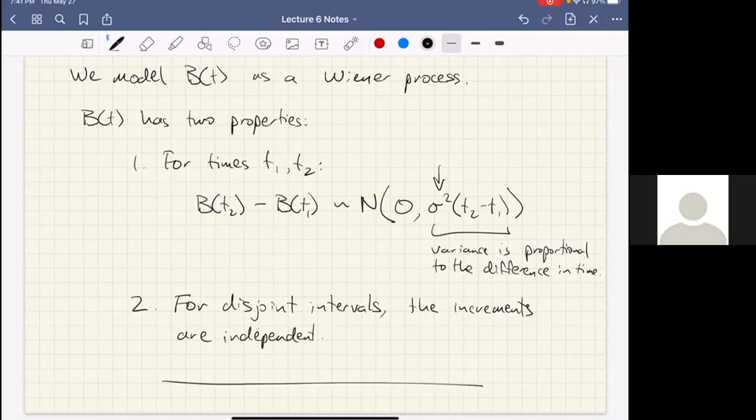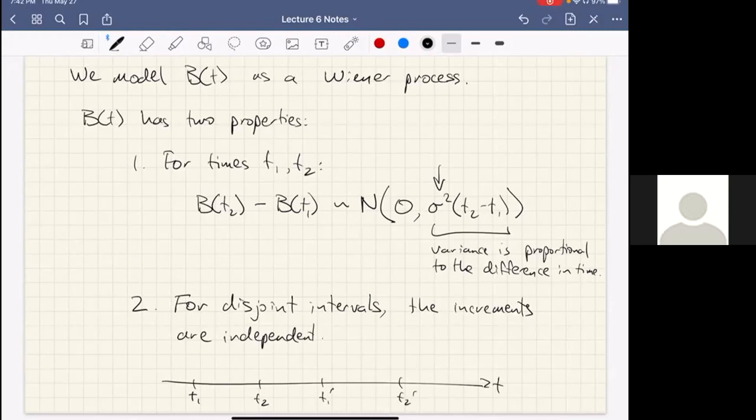So if you imagine a timeline and you have two disjoint intervals, let's call them T1, T2, T1 prime, T2 prime.